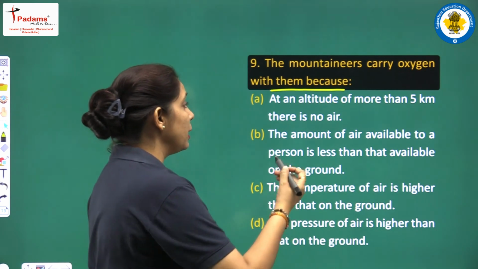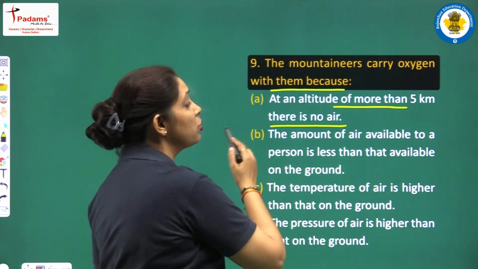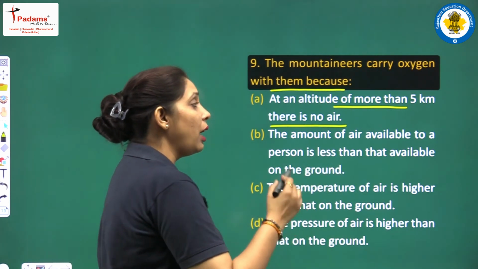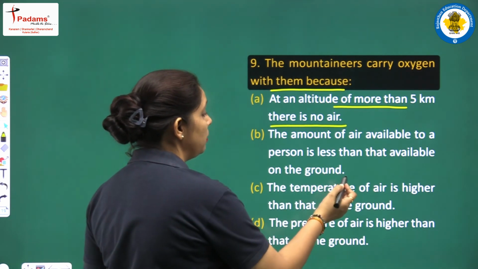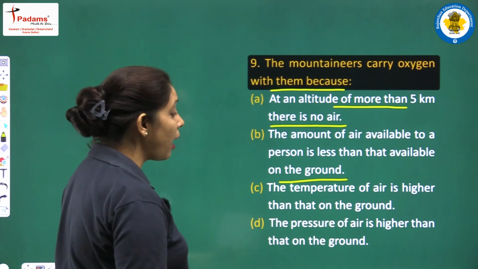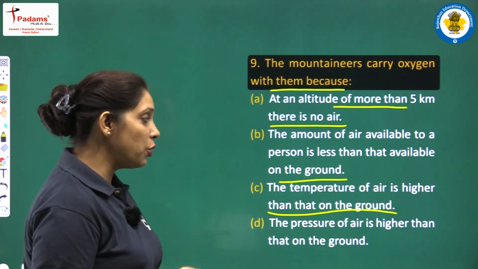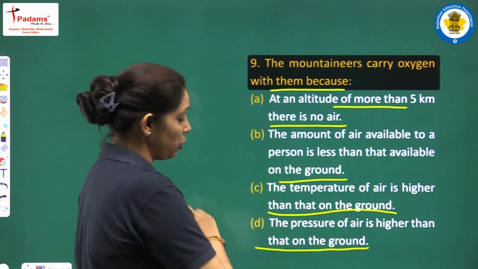The first option is at an altitude of more than 5 kilometers, there is no air. No. The second option is the amount of air available to a person is less than that available on the ground. Yes. Third, the temperature of air is higher than that on the ground. Fourth, the pressure of air is higher than that on the ground.